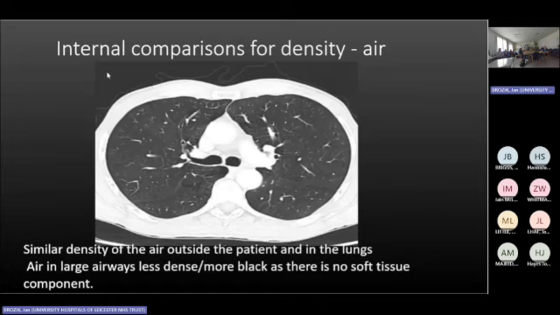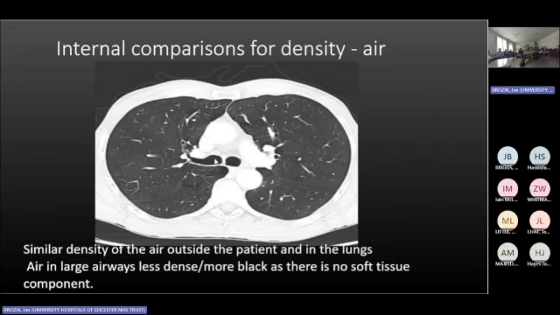As you can see, the room air is black. That's a density of around minus 1,000. You can see the resolution of the CT scanner. You can even see a thin sheet covering the patient.